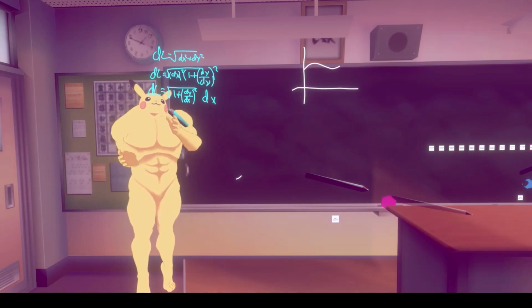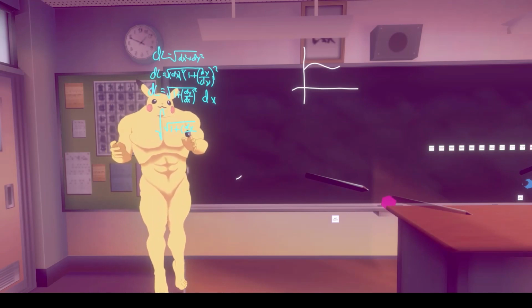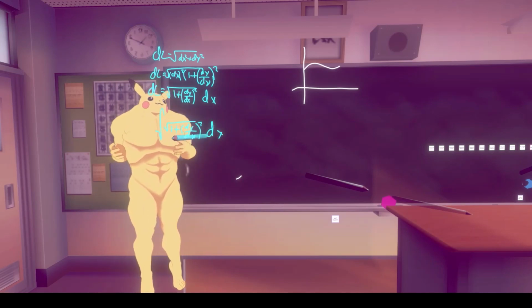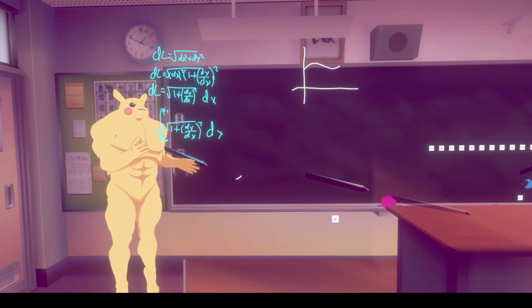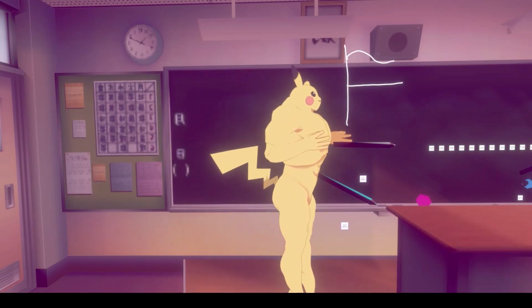So all we need to do now is substitute it in our previous integral, which would be, instead of dl, the square root of 1 plus dy over dx squared, dx. And now we can use x values here in the definition. We can use x0 and x1. There you go.